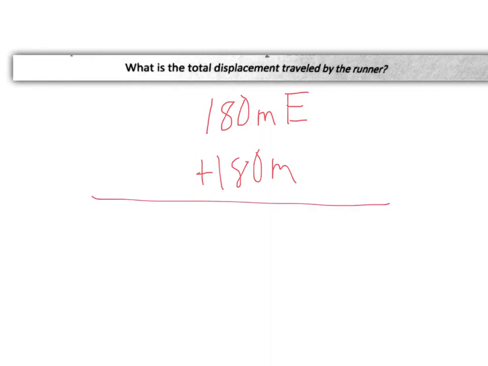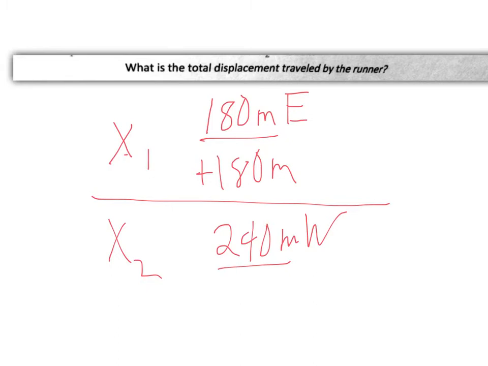That was the first part of his displacement. Then the second part of his displacement was going 240 meters to the west. Now again, we calculated the 180 and the 240 on the previous slide. Well, west is typically a negative direction, so we could put 240 meters with a negative sign.